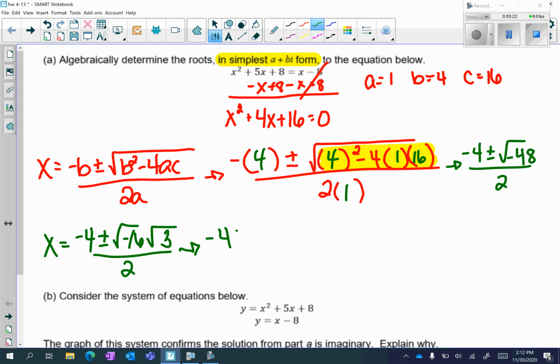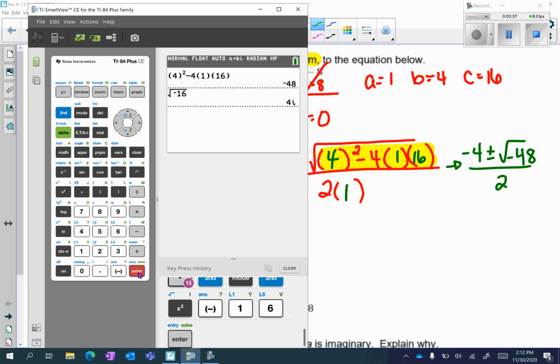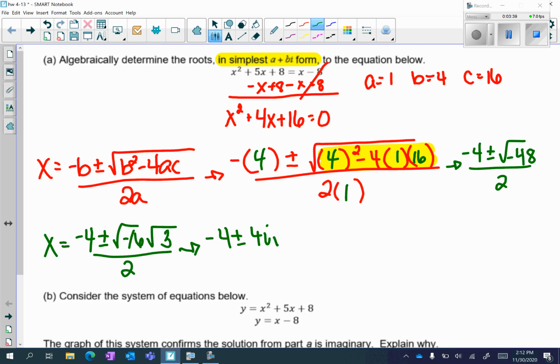So I have negative 4 plus or minus the square root of negative 16, which is 4i. Remember, if you don't remember those, you can go to your home screen, the square root of negative 16, and it gives me 4i. My radical 3 stays, divided by 2.